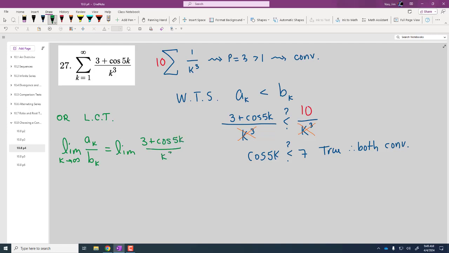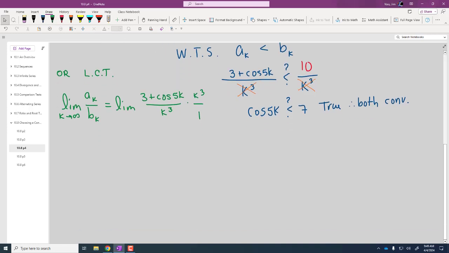So here we would do the limit of a sub k, and if you divide by b sub k, you're multiplying by the reciprocal of b sub k, so we would get this. And then the k cubes obviously cancel.